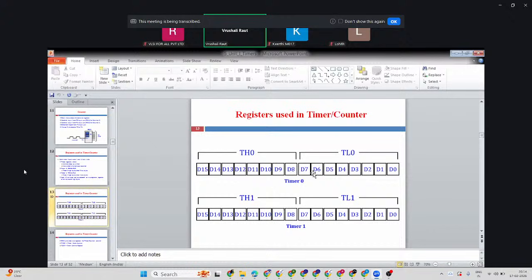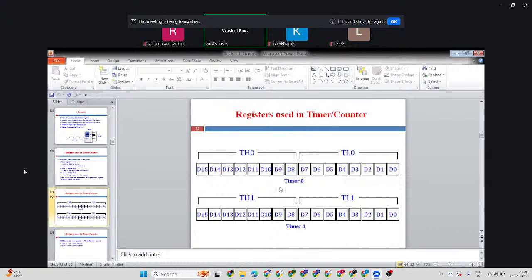It will reach up to FFFF. Whatever delay I get between 1111 and FFFF is the delay provided by the timer. So that delay I can set. How can I set it? I will put the value in the timer from where it has to start, depending on my requirement of delay. That calculation is important. Are you getting it?